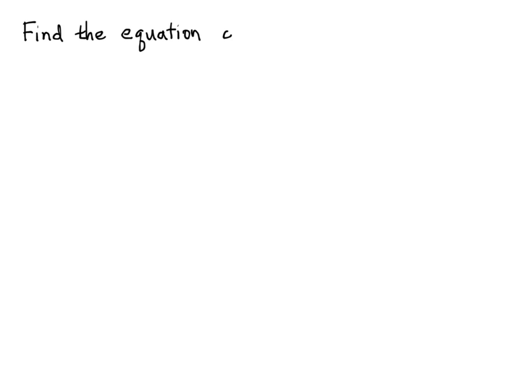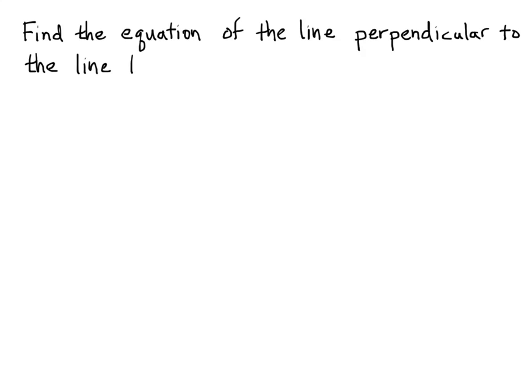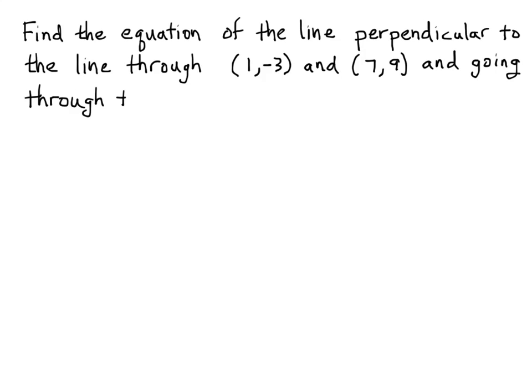Okay, so now let's look at a perpendicular line. I want to find the equation to a line that's perpendicular to a line that goes through 2 points. The 2 points I have are 1, negative 3, and 7, 9, and I want to make sure it goes through the point 2, 3.